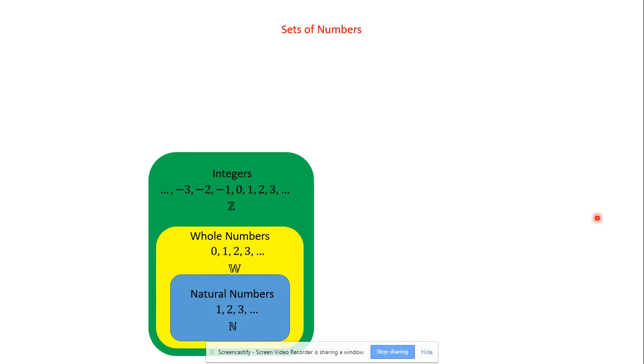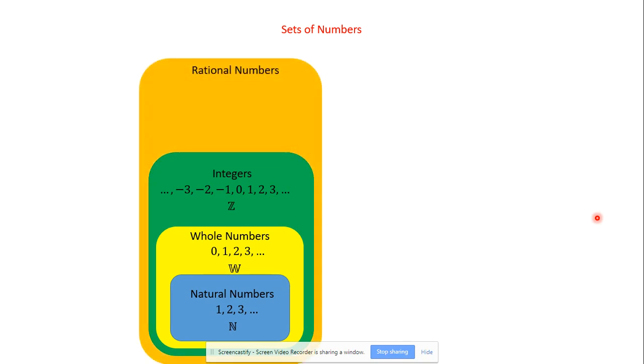The next set, we get the rational numbers, and this is where we start adding in fractions. A rational number is defined as any number that can be written as a fraction, which includes decimals that end or repeat, because any decimal that ends or repeats, we can write as a fraction. The rational numbers, obviously, get the symbol Q. Again, not obvious.